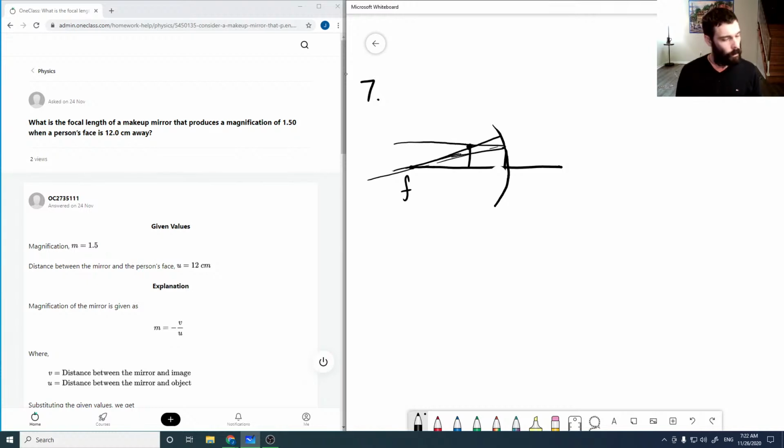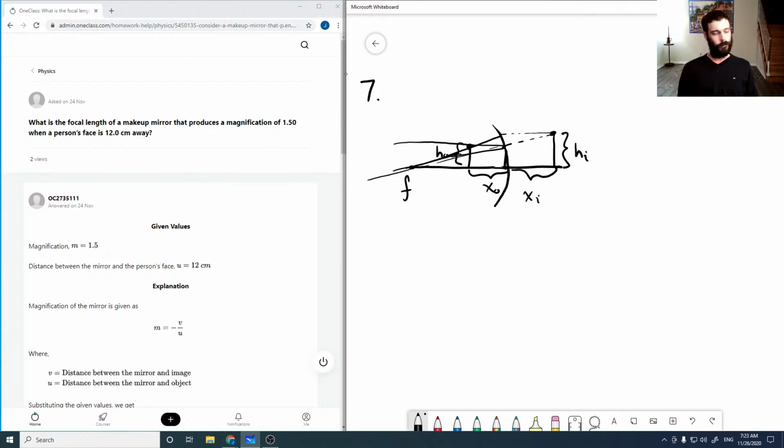and basically wherever this propagates to in the backside is our magnified image, where that is the x of our object, that is the x of our image, that is the height of our image, and that is the height of our object.